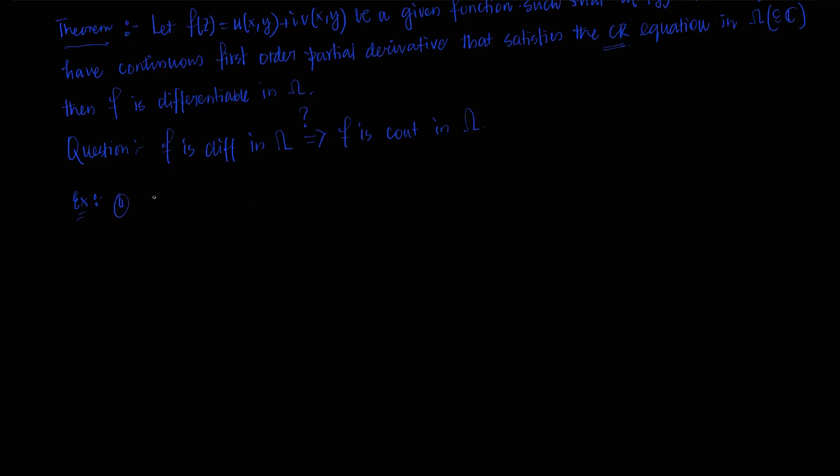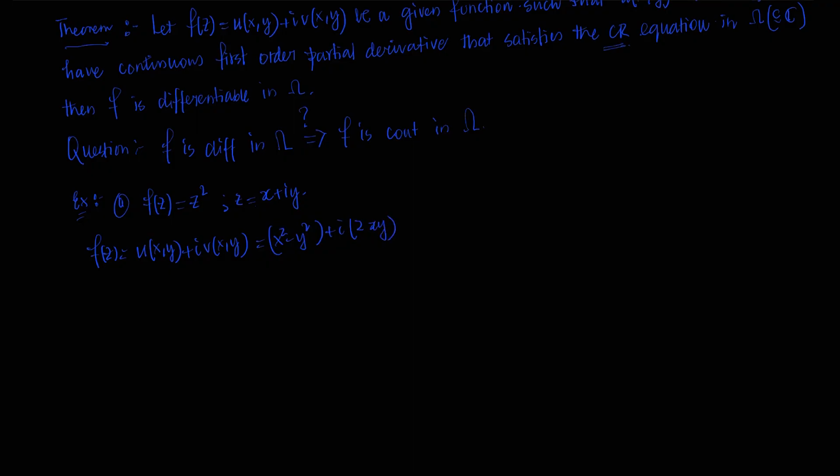The first function which we know to be differentiable is z, or z square. Let's start with z square. Z is in C, so z is x plus iy. Let us break it up into u plus iv. So f of z is u of x,y plus i v of x,y. If we write it down, it becomes x square minus y square plus i times 2xy.